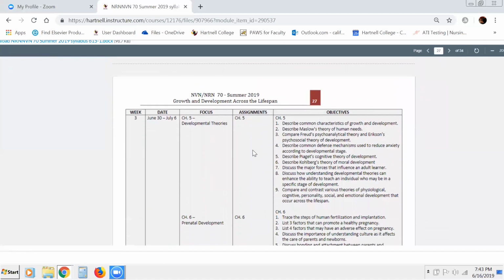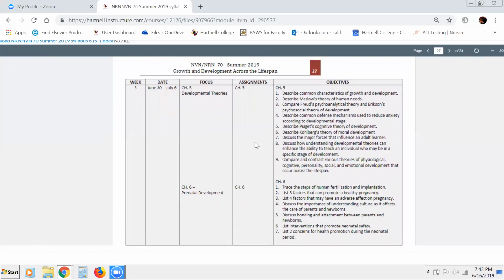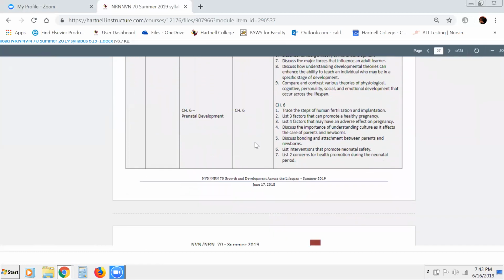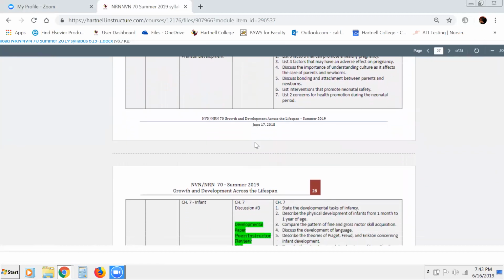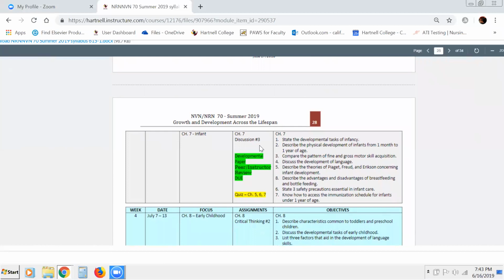In week 3, there starts to be a little more material that you cover each week. We will cover chapter 5 and chapter 6. There are the objectives. There are no discussions or critical thinking questions for those chapters. There is a discussion for chapter 7, because again, you're working on your paper.